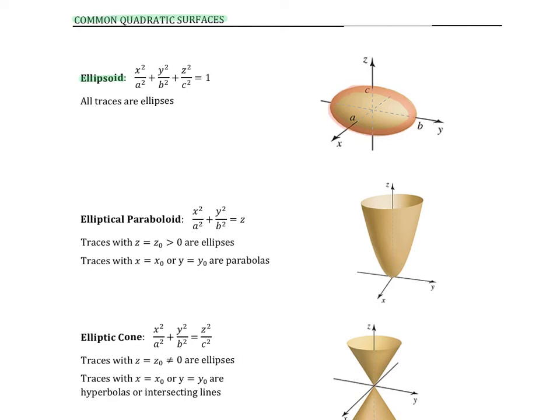If I cut through the xz, I also get a trace that's an ellipse. Now these common surfaces that I'm looking at happen to be centered at the origin, but they don't have to be. And in fact, notice that this ellipsoid is elongated on the y-axis.